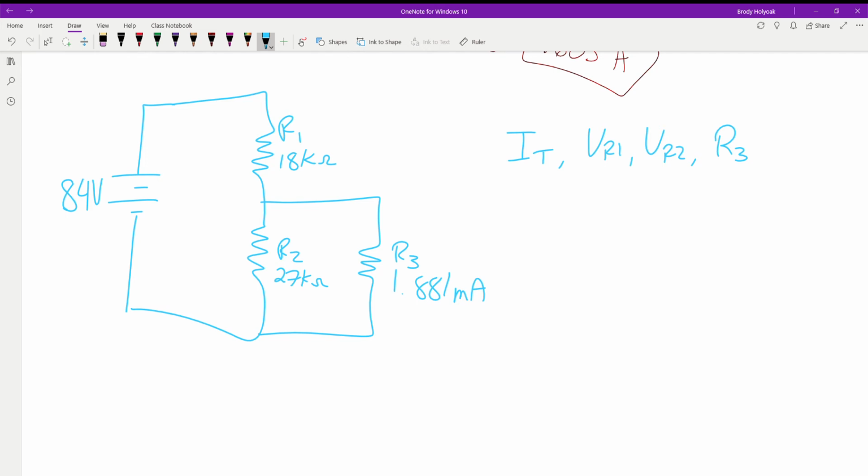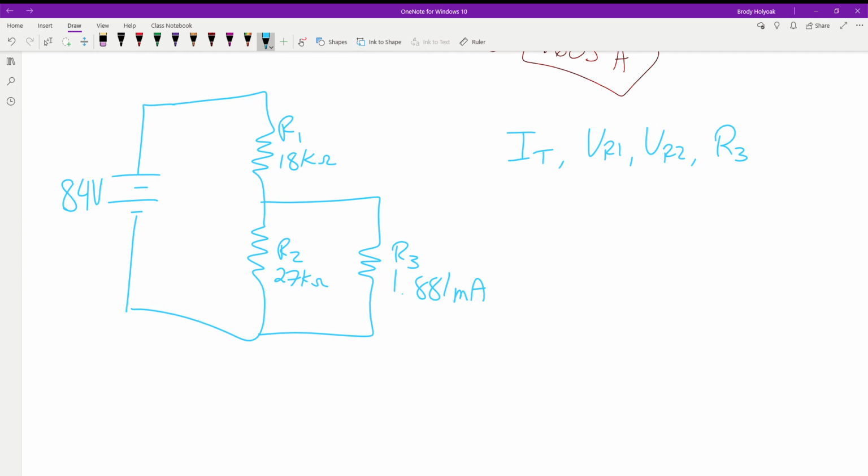Now, do we have enough information to solve this equation as it stands? Yes.